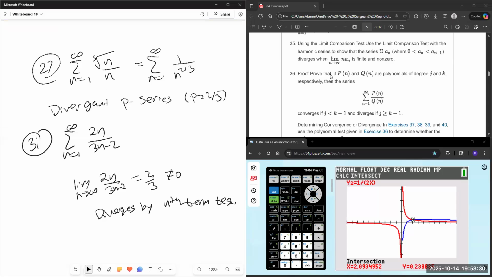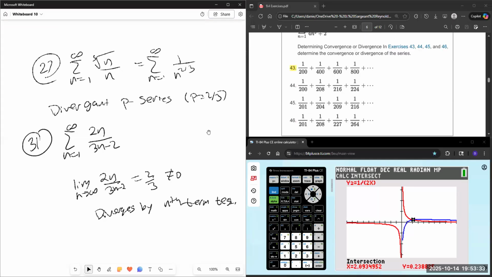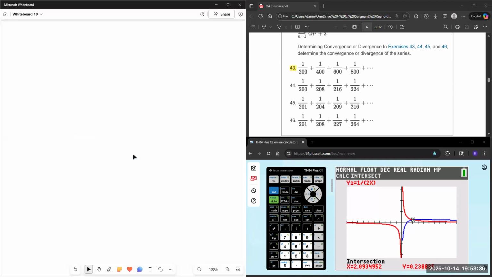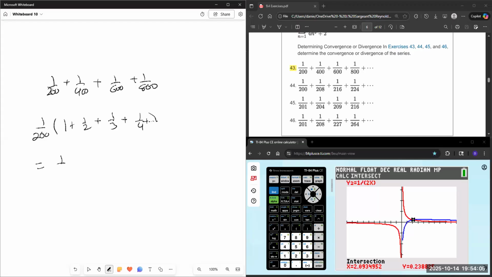And then let's look at 43. So determining convergence or divergence of the series 1 over 200 plus 1 over 400 plus 1 over 600 plus 1 over 800 is 1 over 200 times 1 plus 1/2 plus 1/3 plus 1/4 plus dot dot dot, which is equal to 1 over 200 times the summation of 1 over n from n equals 1 to infinity.